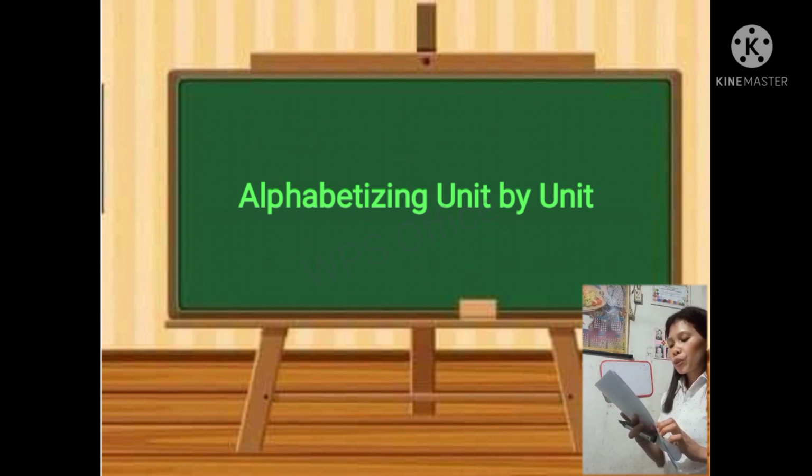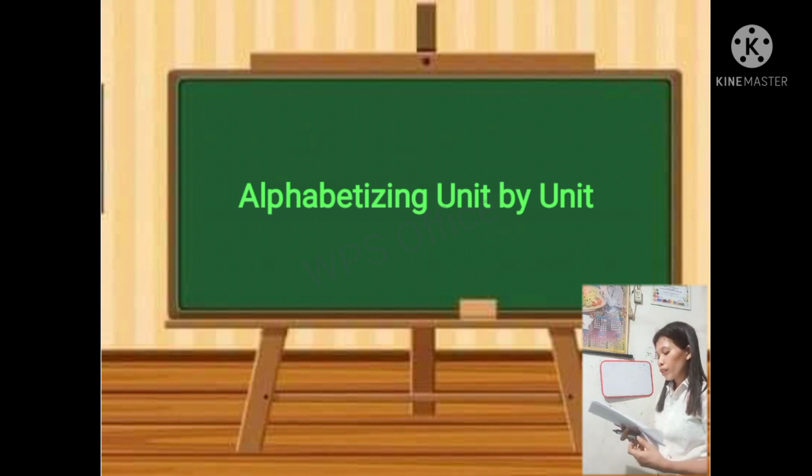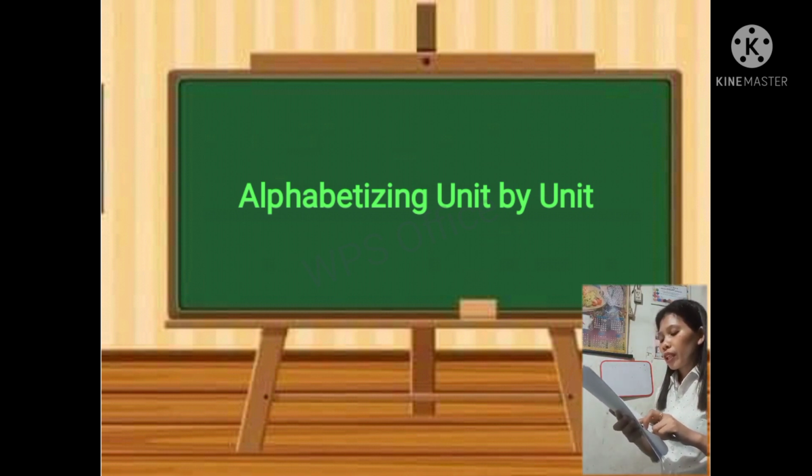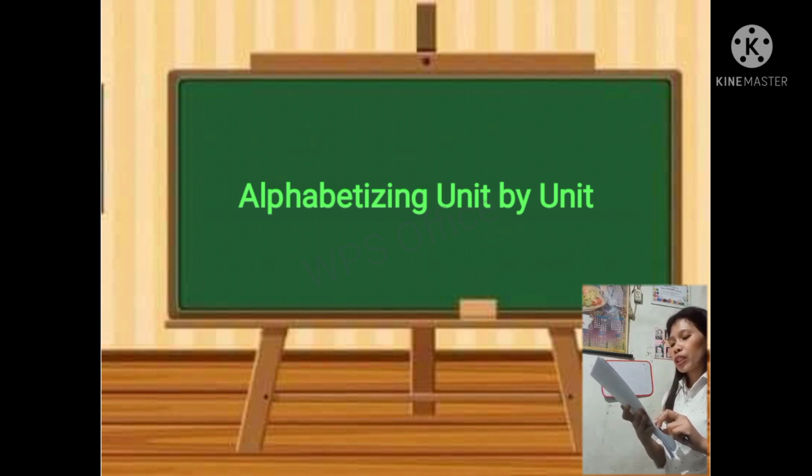Number 2: if the first units are the same, we must look at the alphabetical order of the second units. Number 3: if the first and the second units are the same, the next step is to alphabetize the third units.